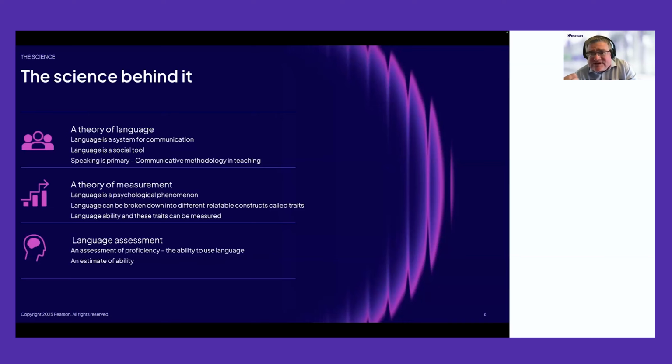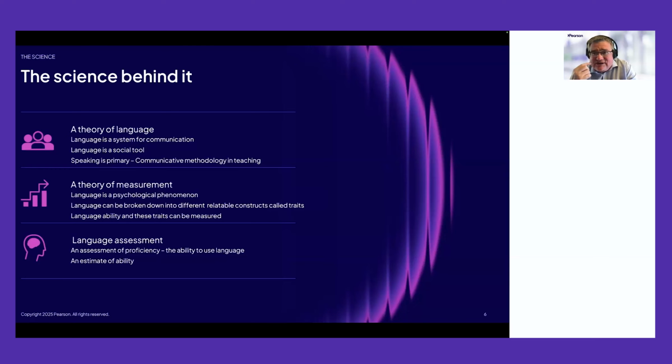So language assessment combines this theory of language and the theory of measurement. And then we have language assessment, the assessment of proficiency, the ability to use language. This may sound like just words, but language ability, proficiency, is the ability to use language.